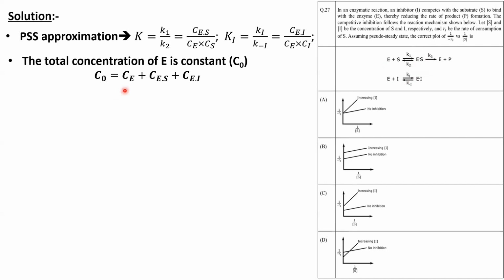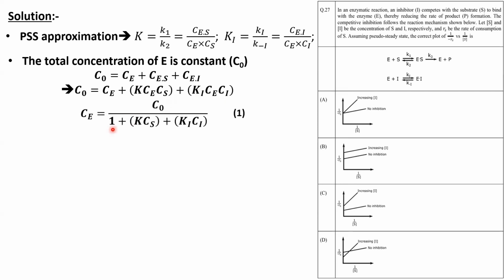Now, from the deduced expressions for equilibrium constants, we can write C_ES and C_EI in terms of C_E, C_S and C_I. So C naught will be C_E plus K C_E C_S plus K_i C_E C_I. Further, we can take C_E common in the RHS and deduce an expression for C_E. C_E will be equal to C naught by (1 plus K C_S plus K_i C_I). Let this be equation 1.